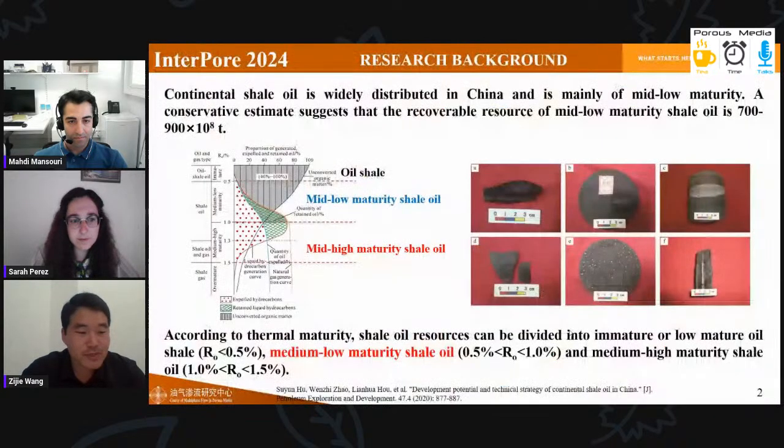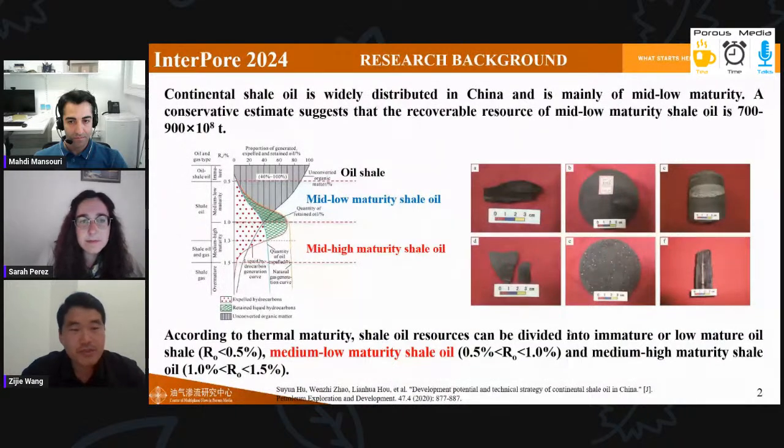Firstly, I'd like to begin with the research background. Shale series can be divided into oil shale, low-mid, and high-mid maturity according to the thermal maturity. Shale resource is widely distributed in China and is mainly of mid-low maturity.